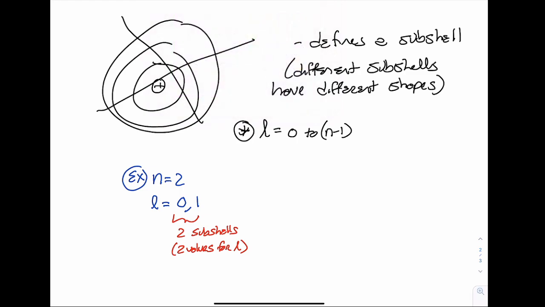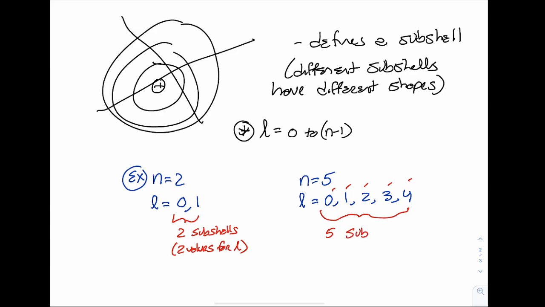If I was in, let's say, my fifth shell, so n is equal to 5, l is everything between 0 and 5 minus 1, which is 4. So l is equal to 0, 1, 2, 3, and 4. So when I am in my fifth shell, there are 5 values here, 1, 2, 3, 4, 5, so I have 5 subshells.